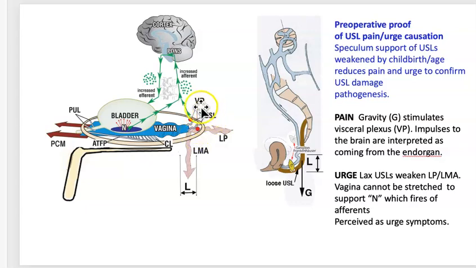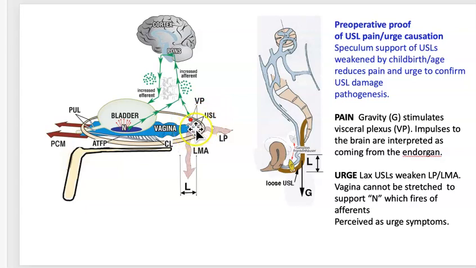Now, the visceral plexus, if you look over here, the ganglion of Frankenhauser, T11 to L2, and the sacral plexus, S2, 3, 4, are supported in brown by the uterosacral ligaments. Look over here, in red, the visceral plexus are supported by the uterosacral ligaments.